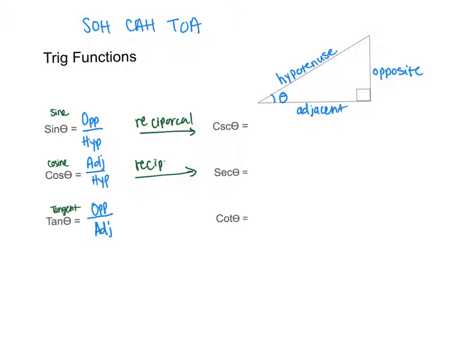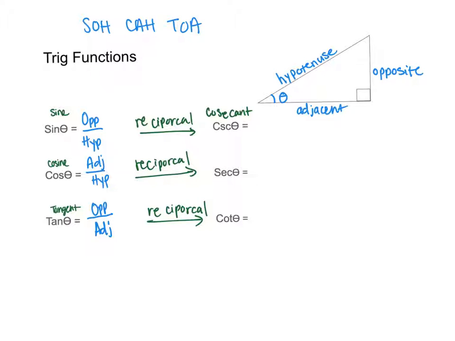If you remember what the word reciprocal means, it's when you have a fraction, you flip it. So if I take sine, it's opposite over hypotenuse. Well, this guy here is called cosecant. Cosecant.